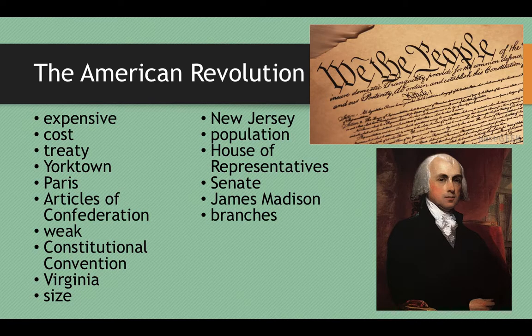If you've ever heard of the 3 branches of government, you have the legislative branch, which is Congress, okay, Senate and the House of Representatives. Then you have the executive branch, which is the president, and then you have the judicial branch, which is the Supreme Court. He said this is the way to go about it, through a system of checks and balances, making sure that each branch is able to prevent the other branches from abusing their power or getting too powerful.